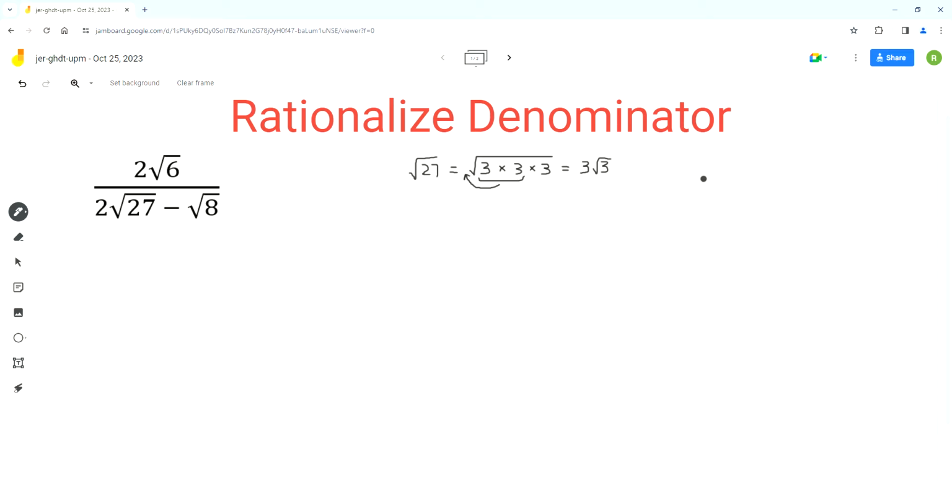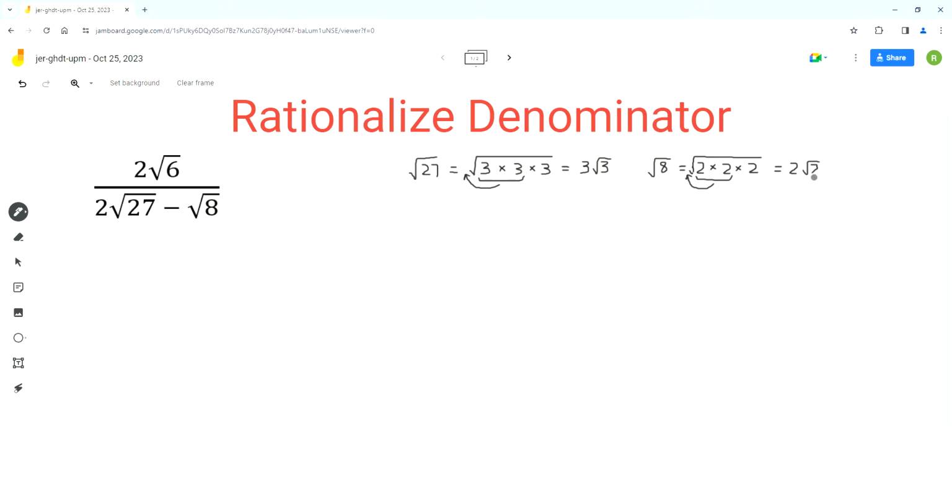Now we can do the same analysis for square root of 8. So we know 8 can be written as 2 times 2 times 2. So we can take out a pair of 2's as a single 2 in front of the square root. So this can be reduced to 2 square root of 2.